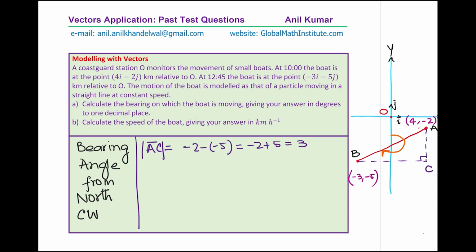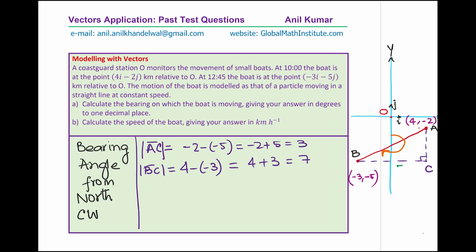Now what is BC? Magnitude of BC is basically the change in x direction, right? So it is from 4 to minus 3. 4 minus minus 3 gives you 4 plus 3, which is 7. So we have this particular triangle right there.